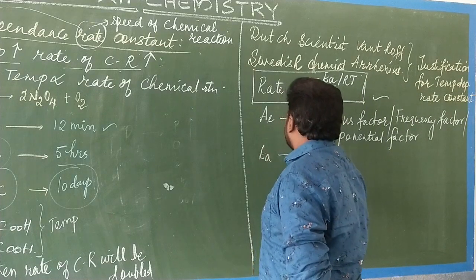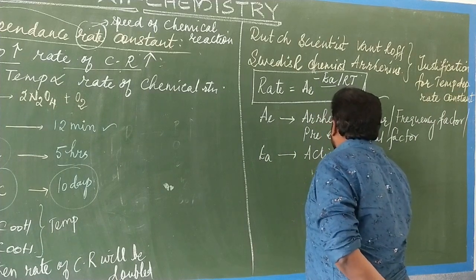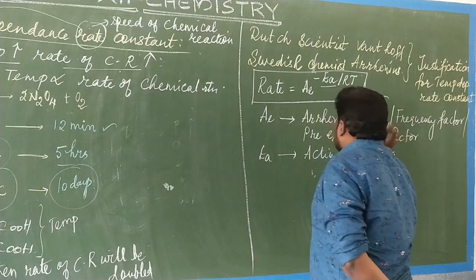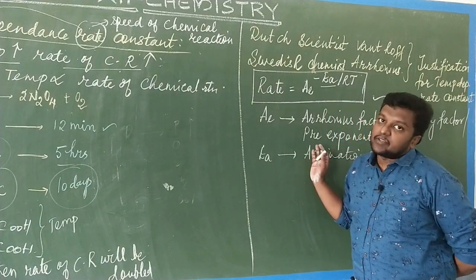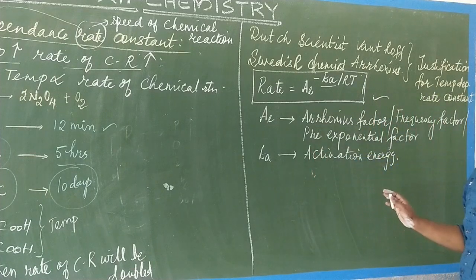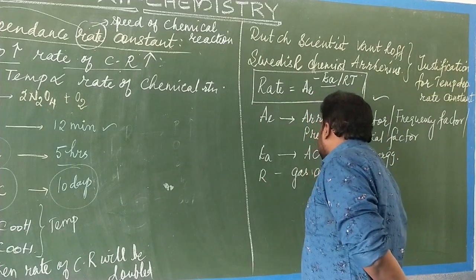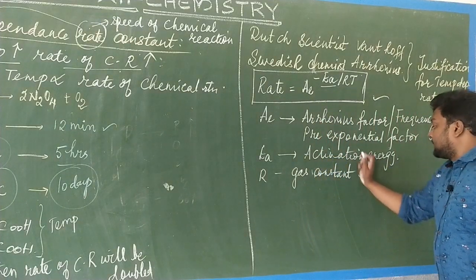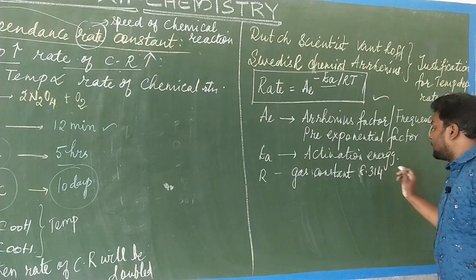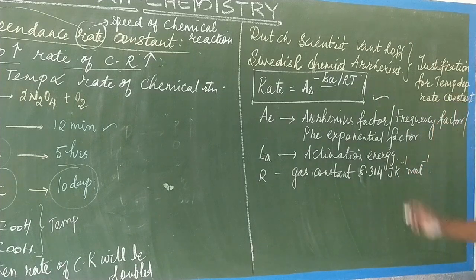Next, we have Ea, isn't it? This Ea is called the activation energy. Activation energy is an additional energy which makes the reactant molecules react with one another, giving rise to the formation of a product. R is a gas constant, with a value of 8.314 joules per Kelvin per mole.